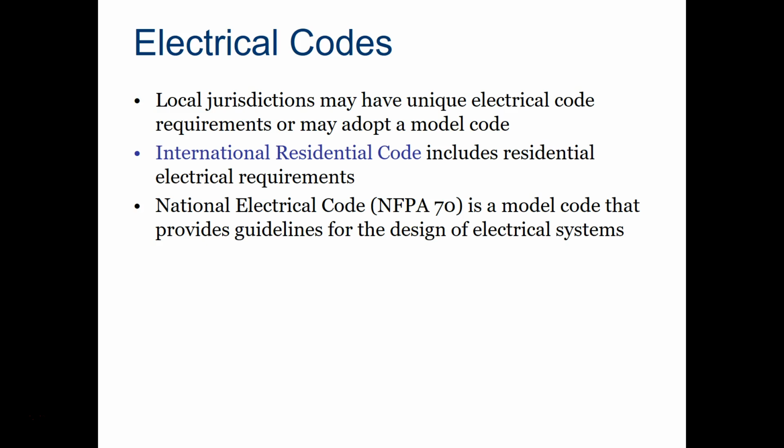Lititz, Manheim Township, all of these have their own code, but they can just adopt a national electric code and then have maybe some tiny changes that they decide to put in it that's a little bit different than the standard. There is also something called the International Residential Code, which includes the electrical requirements there.